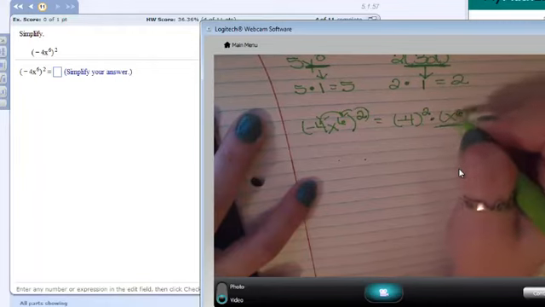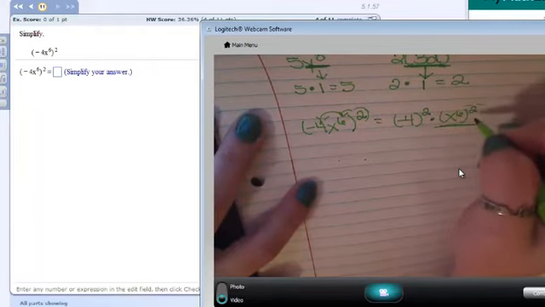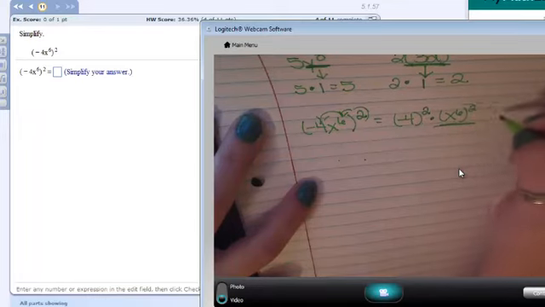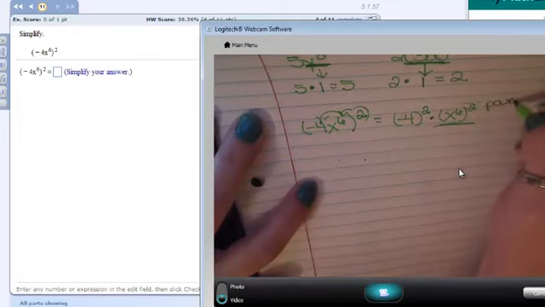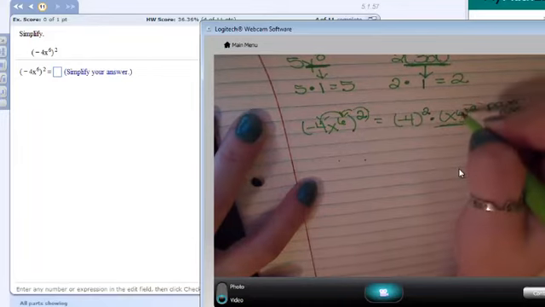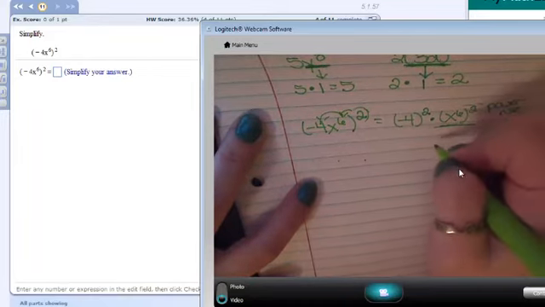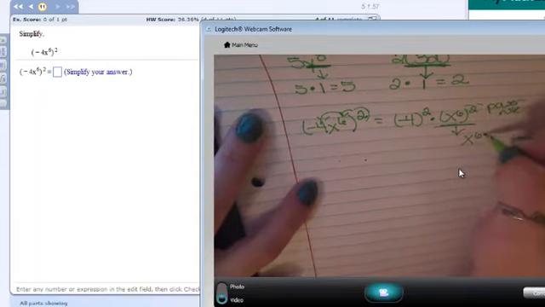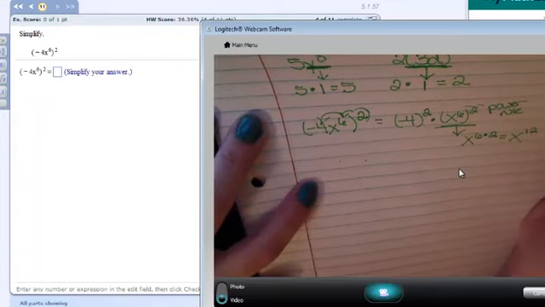This is our power rule. So this says if we have an exponent raised to an exponent, power rule, then we're taking our exponents and multiplying them. So that means we have x to the 6th times 2, which equals x to the 12th.